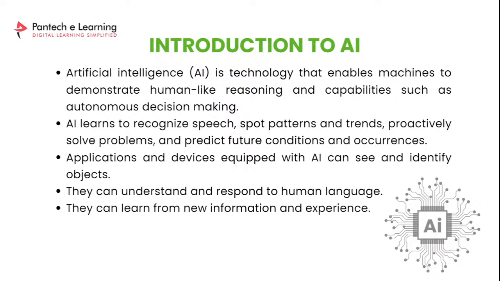It is a technology that enables machines to demonstrate human-like reasoning and capability, such as autonomous decision making. Through the assimilation of vast amounts of training data, AI learns to recognize speech, spot patterns and trends, proactively solve problems, and predict future conditions and occurrences.